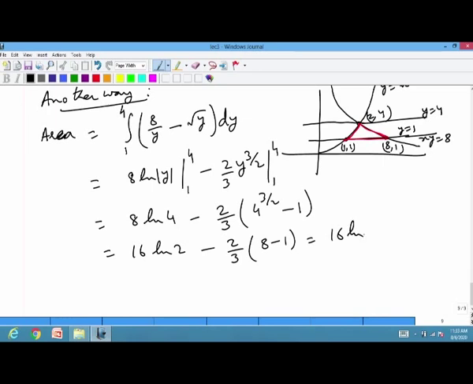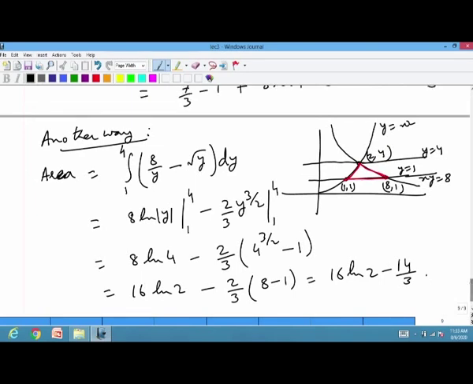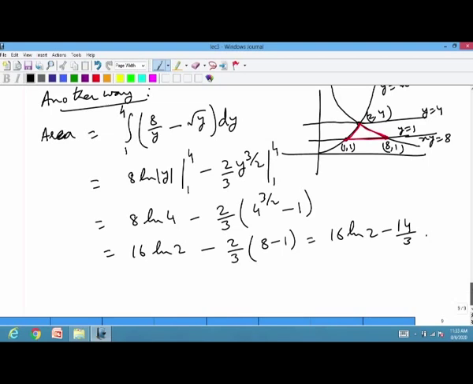So, 16 log 2 minus 14 by 3. So, in some problems, instead of writing as integral of f of x dx, we can do integral of some f of y dy, and that might be easier to evaluate.